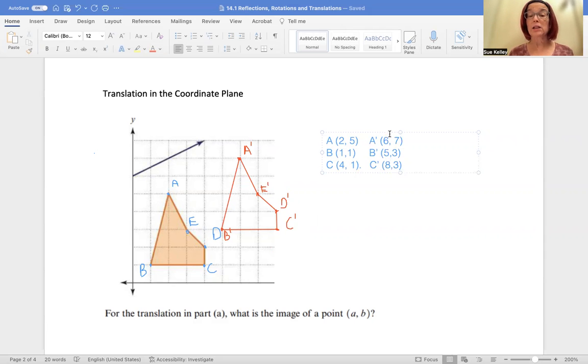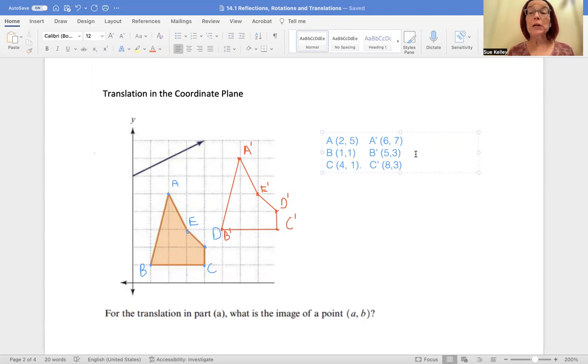So take a minute and look at these and see if you can see a difference between A and A prime. How did that change? B and B prime, C and C prime. Is there a pattern? You may want to pause the video for a second and see if you can see a pattern. So I hope you noticed this pattern.